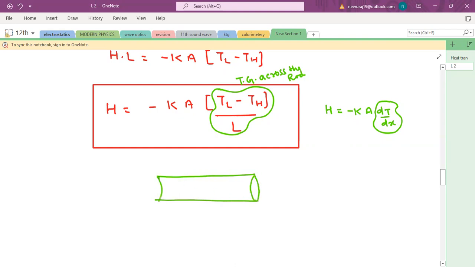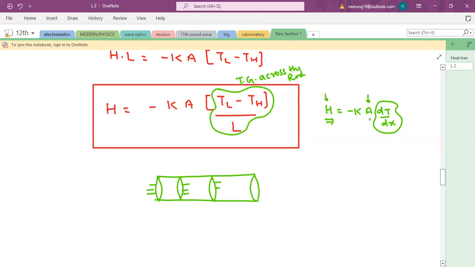This is a cylinder. In the cylinder, you take any part of the cylinder. Just see this formula. H in any part is constant. H is the same throughout the cylinder. A is also constant. If H, the left hand side, is constant, then the right hand side should be constant.